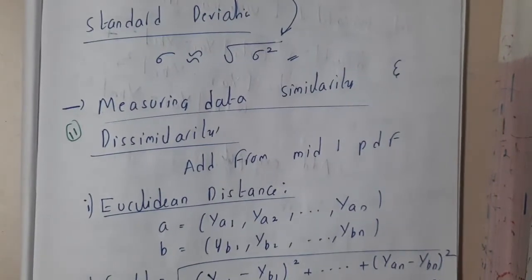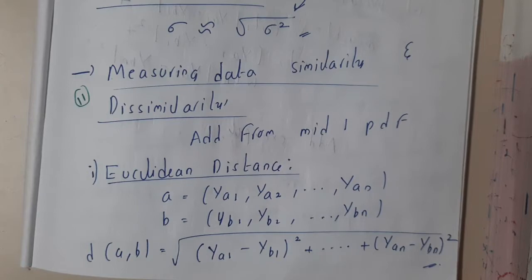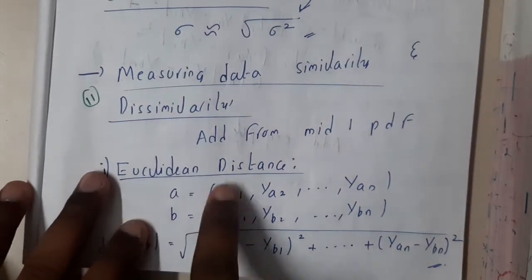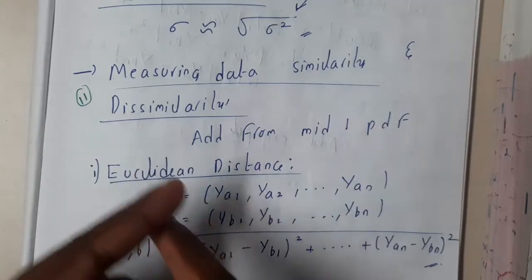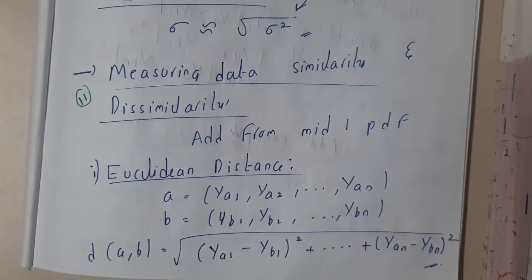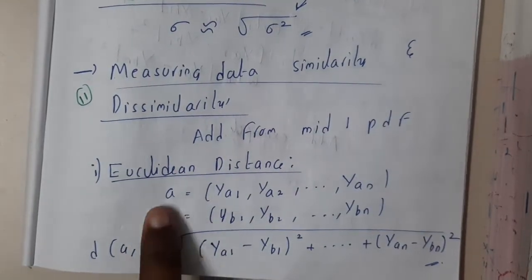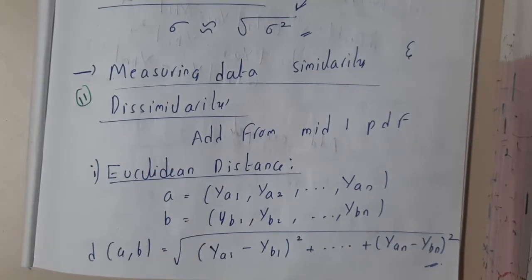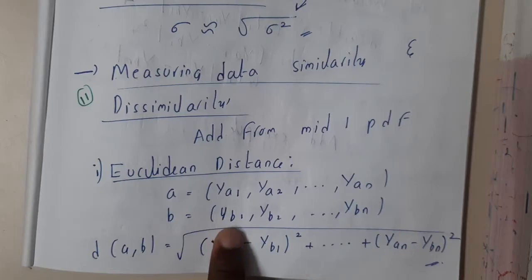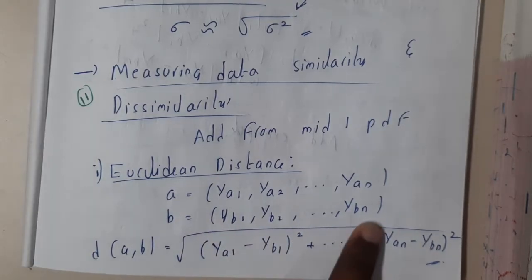Let us now continue with some other formulas, guys. The next formula is Euclidean distance. How will we calculate the distance between 2 points? The same formula we wrote here, and we named it Euclidean distance. Assume that A's points are ya1, ya2, ya3 and so on up to yan. Similarly B's points are yb1, yb2 and so on up to ybn.